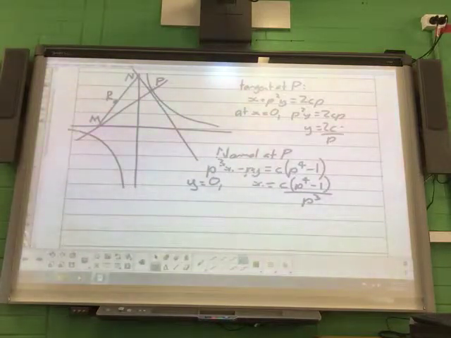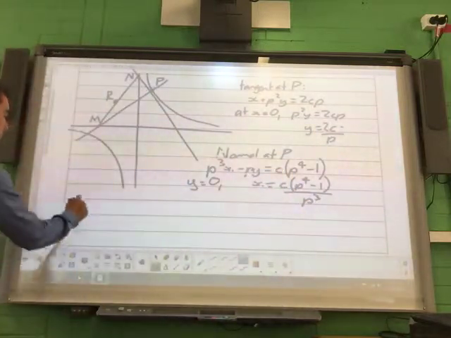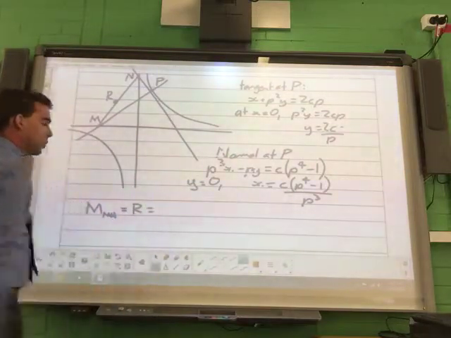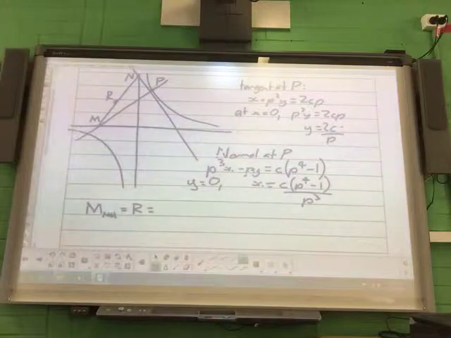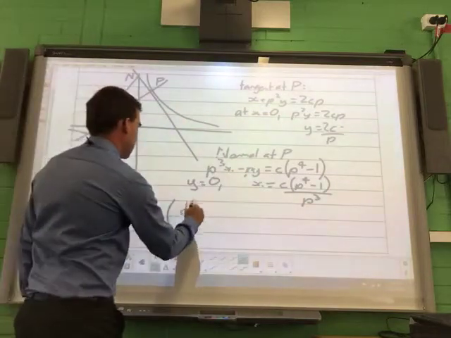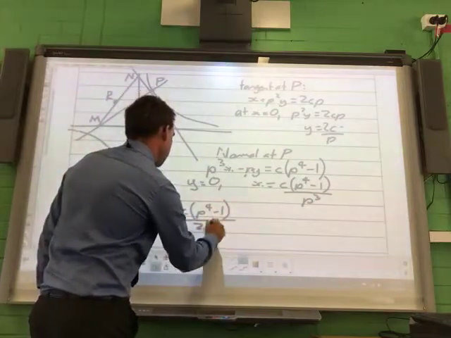Right, so now we've got the x and y values for both M and N. We can now calculate the midpoint R. One of the coordinates in each case is 0, so all we really need to do is divide both of these values by 2. For the midpoint R, the x value is going to be that plus 0, all divided by 2, so c times p to the power of 4 take away 1 over 2p cubed.